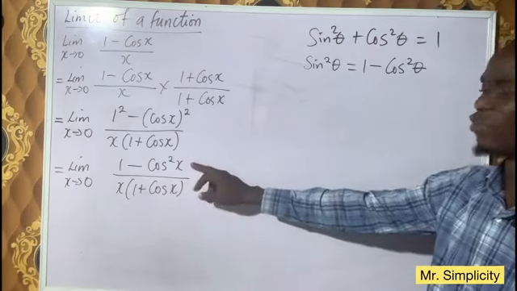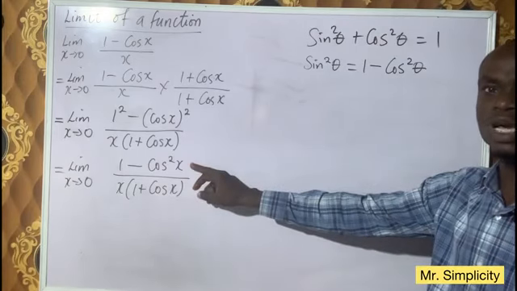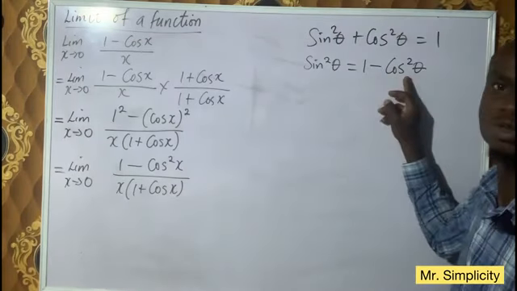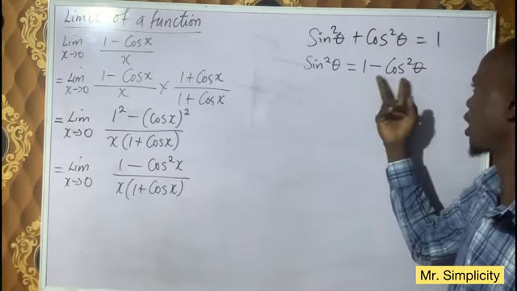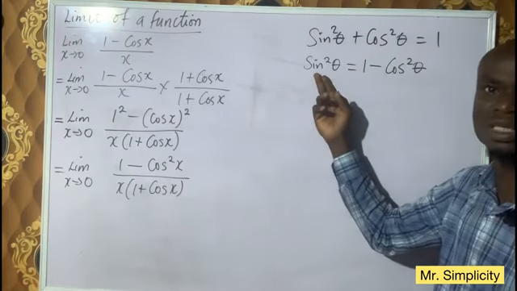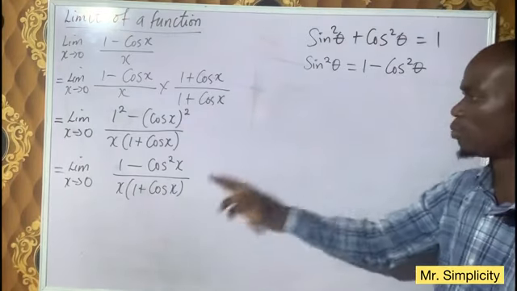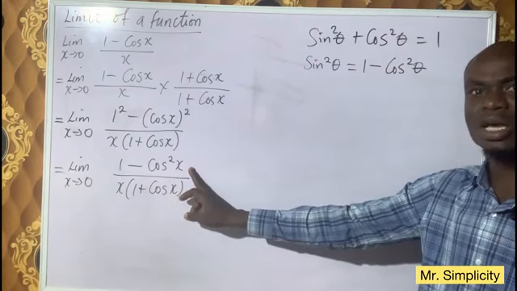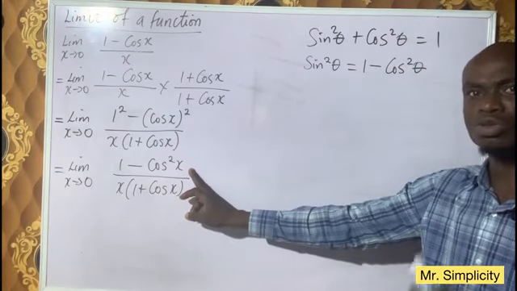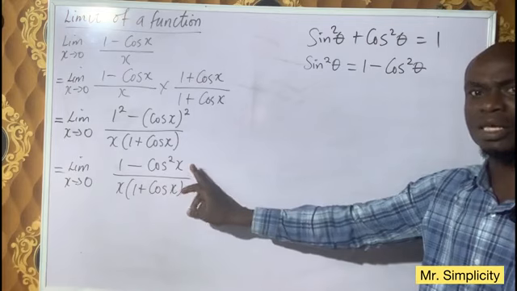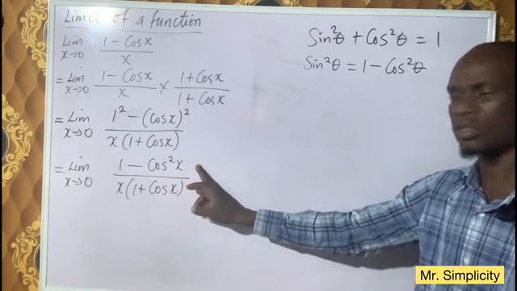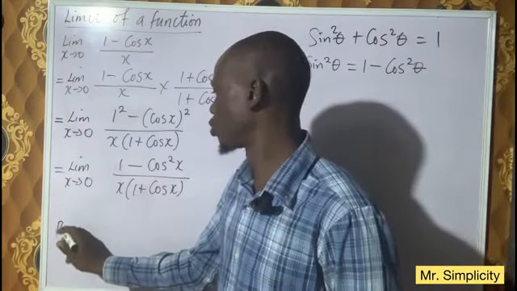If you observe what we have in the numerator, 1 minus cos square x relates to 1 minus cos square theta, which means I can replace this with sine square x. So all I need to do is recall that identity and replace this with sine square x.